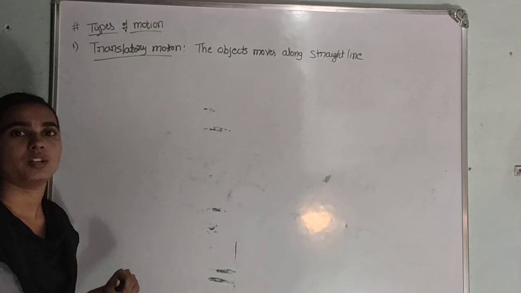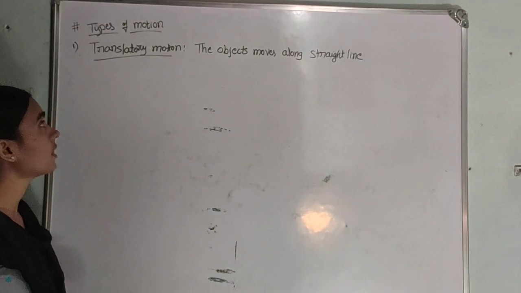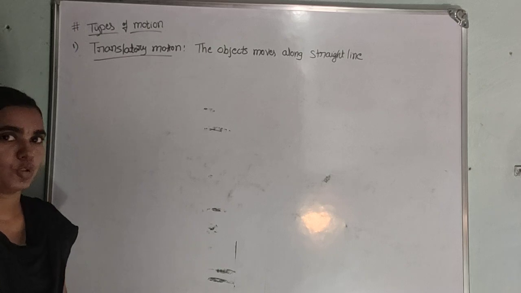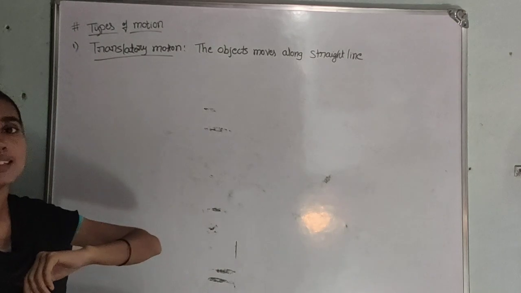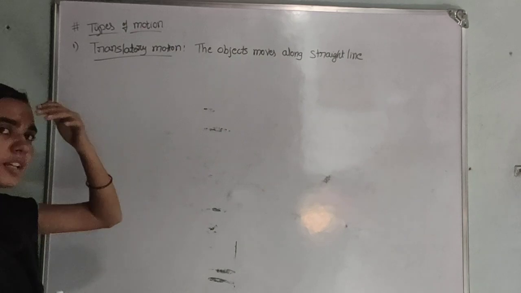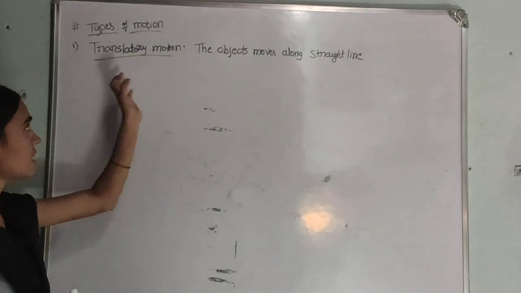The object moving along a straight line is called translatory motion. This motion is also called rectilinear motion, which you discussed in 6th standard. So I will just give the definition and the example.